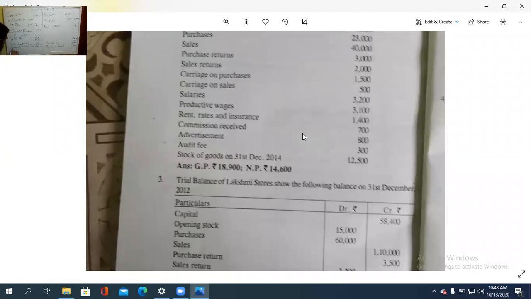Then advertisement, indirect expense, advertisement 800. Then audit fee 300. And one more item is there, carriage on sales is there, that we will check. Stock is already taken. So 18,900 plus 700 plus 500.